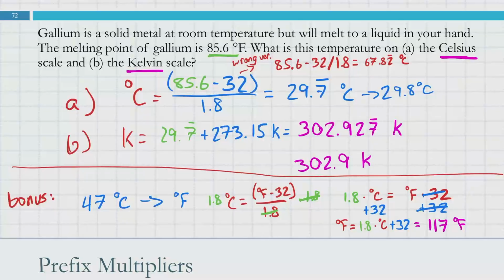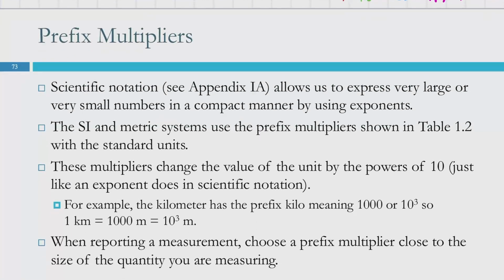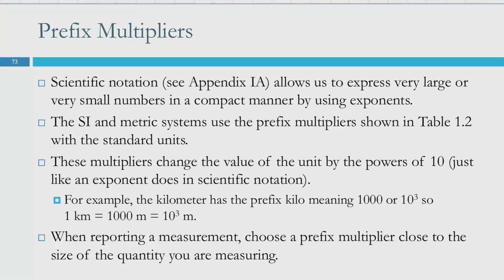So it's separate. Cool. We will also be using, since we're using the SI system, the metric system, prefix multipliers. So scientific notation lets us express really, really big numbers, which we have to express sometimes, and really, really small numbers, tiny numbers, in a compact manner.